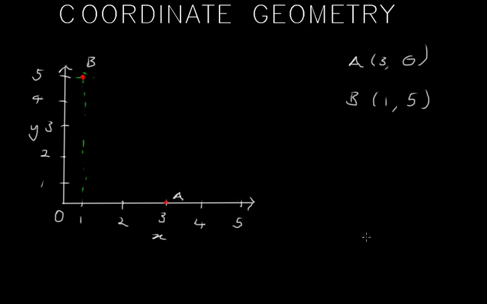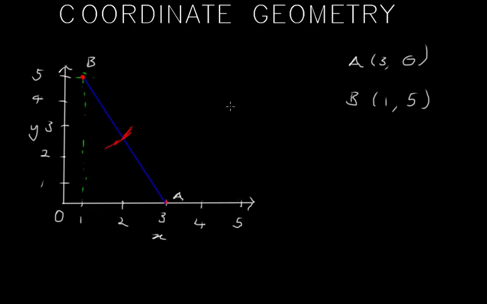The first thing that I would advise you to do is draw a line joining these 2 points, A and B. So we would have this straight line joining point A and point B. By visual inspection, I would guess our midpoint would be somewhere around here. But then how do we find the midpoint mathematically?